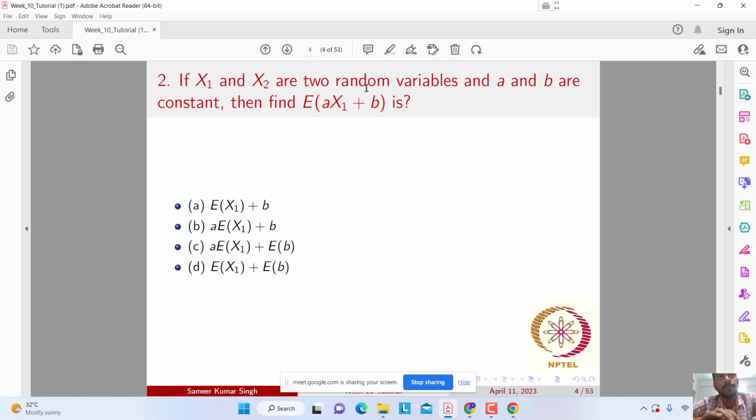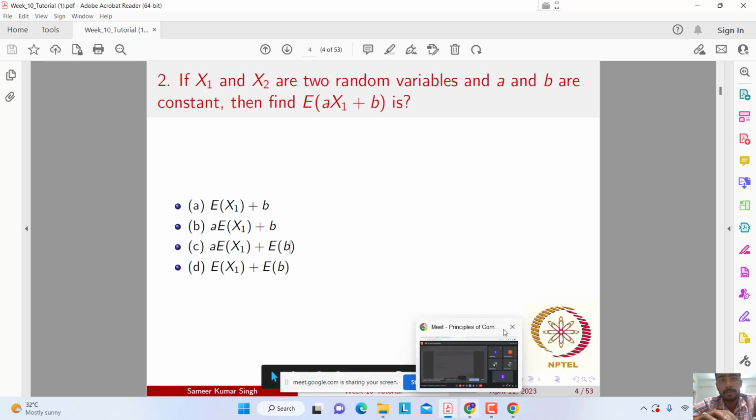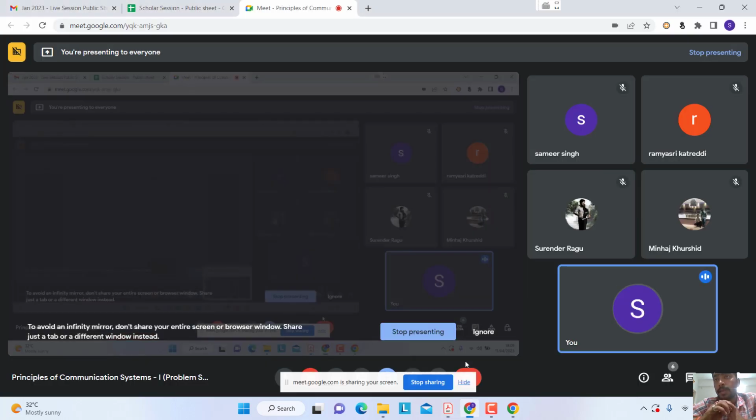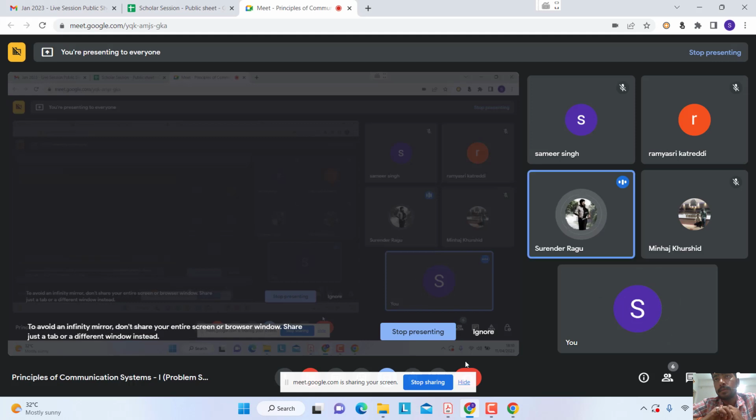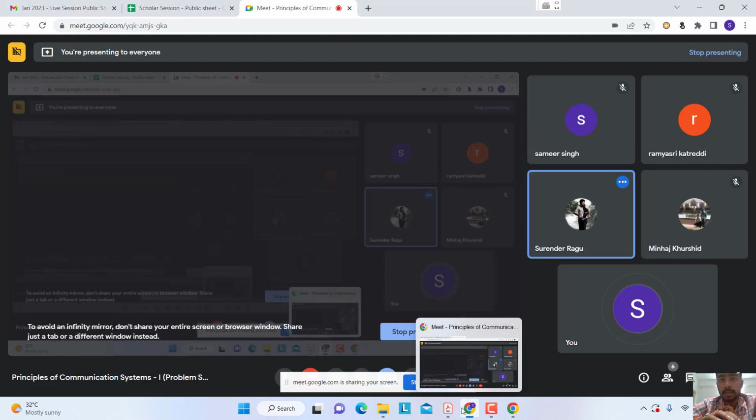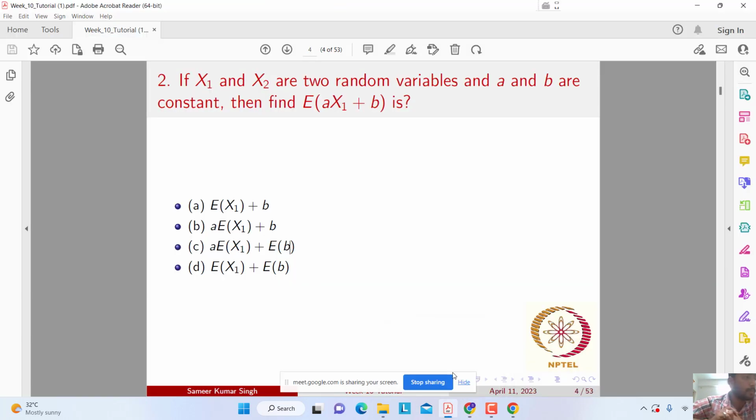The concept is clear, right? We have two random variables x1 and x2, and we have two constants a and b. Surendra, have you got the answer? Okay, no problem, you can try.